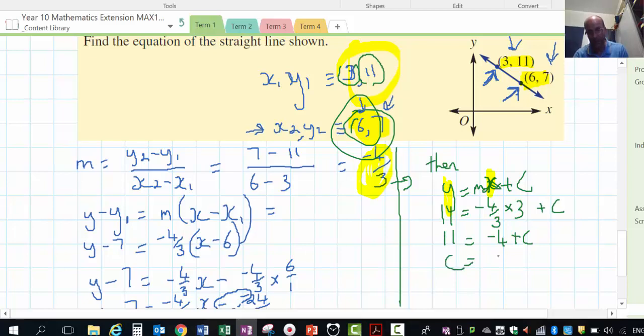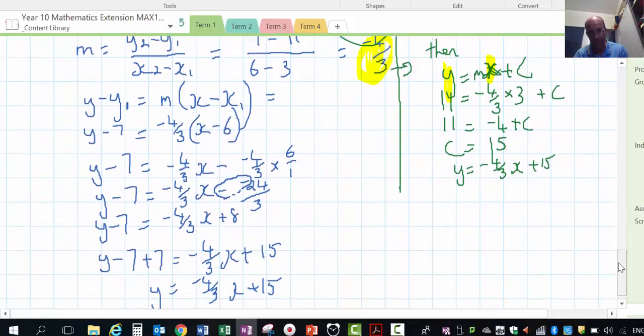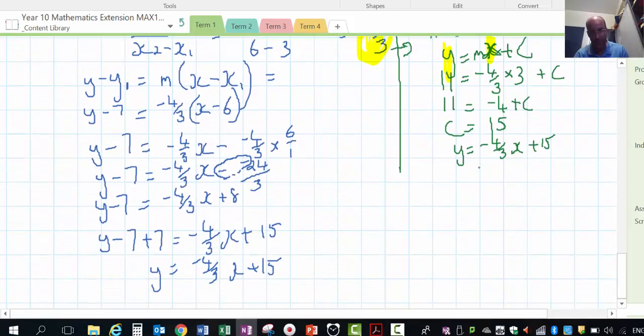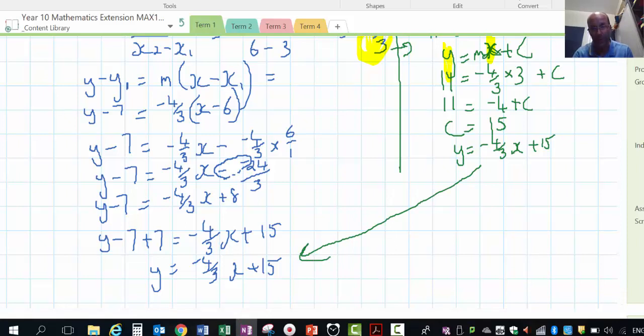So basically got to add 4 to both sides, and that's 15. So c is 15, and then we've got y equals negative 4/3 x plus 15 is our answer. And look, that matches what we got over here. So make sure you can use one of those methods, or if you're really good, use both.